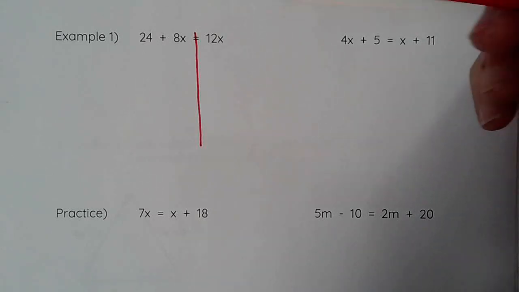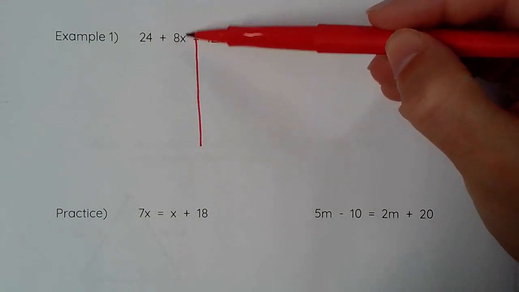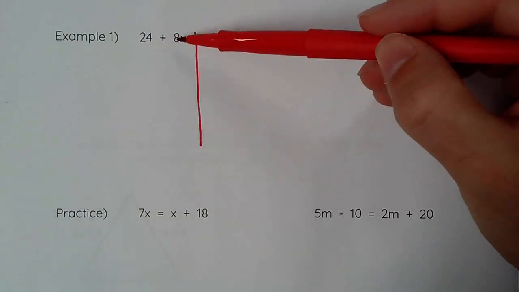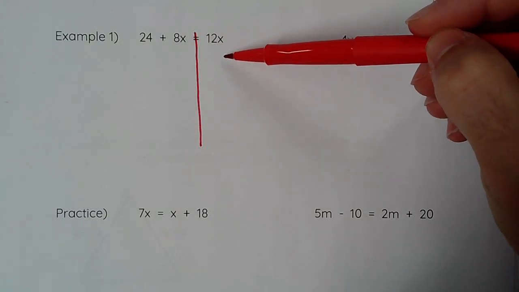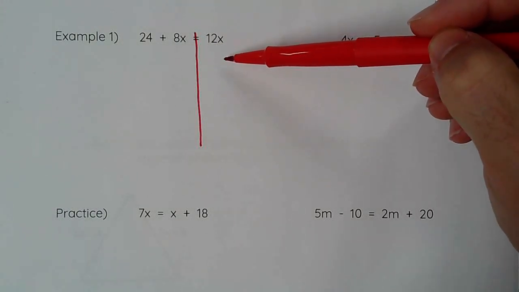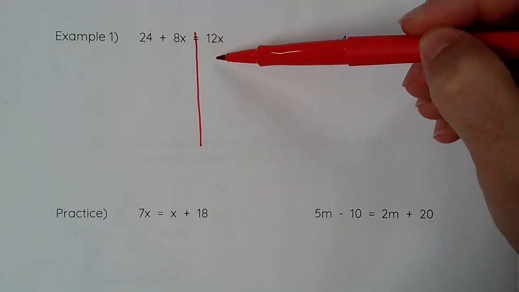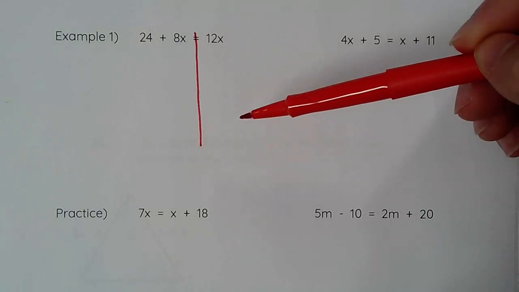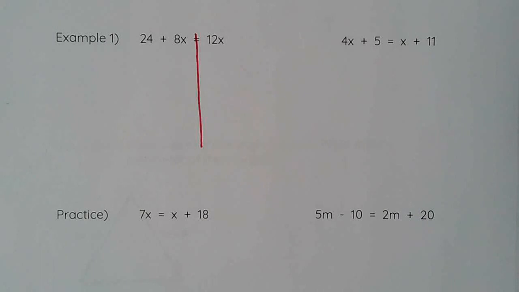To get rid of a plus 8x, I have to take away 8x on the left and take away 8x on the right. 12 minus 8 is a positive 4. Positive values are nice values. If I can avoid a negative value, I want to.